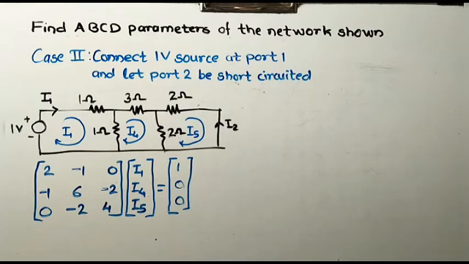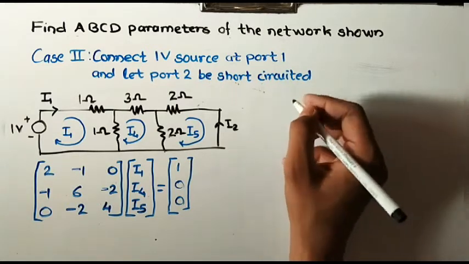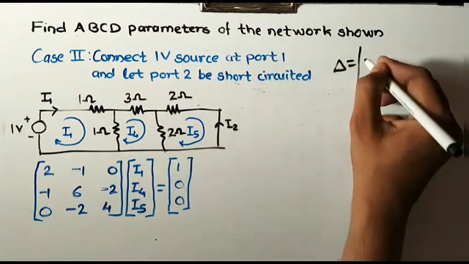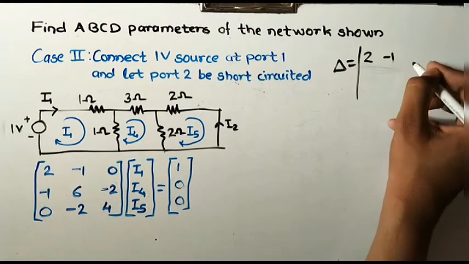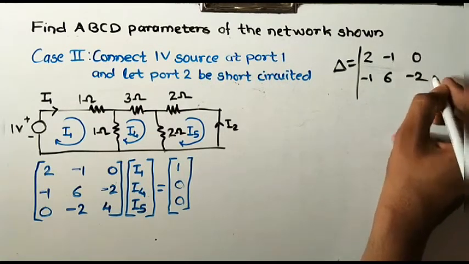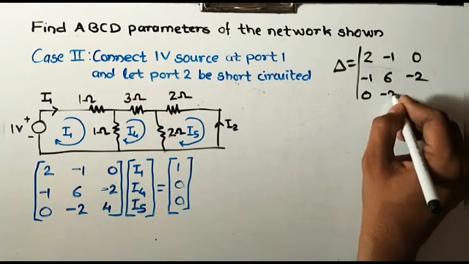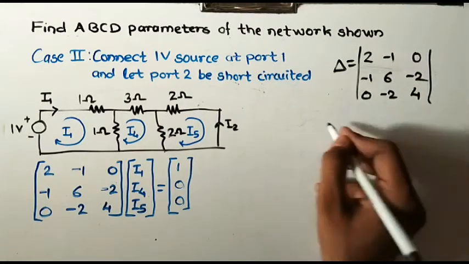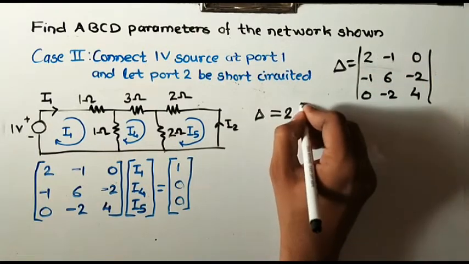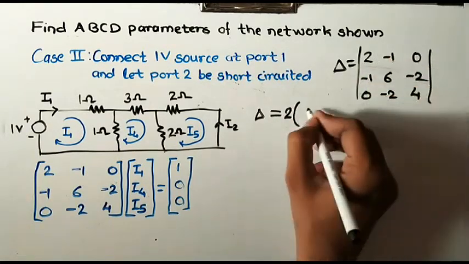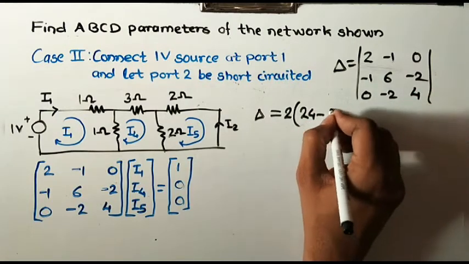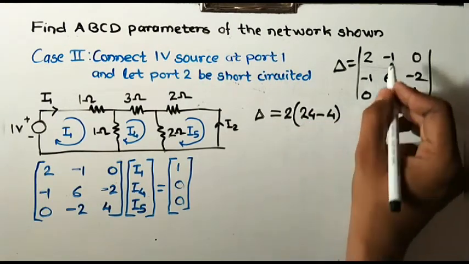So after applying Cramer's rule, we have to find delta first. Delta is nothing but the determinant of this matrix, that is 2, minus 1, 0, then minus 1, 6, minus 2 and 0, minus 2, 4. Now the determinant: delta is equal to 2 multiplied by 6 into 4, that is 24, minus 4.